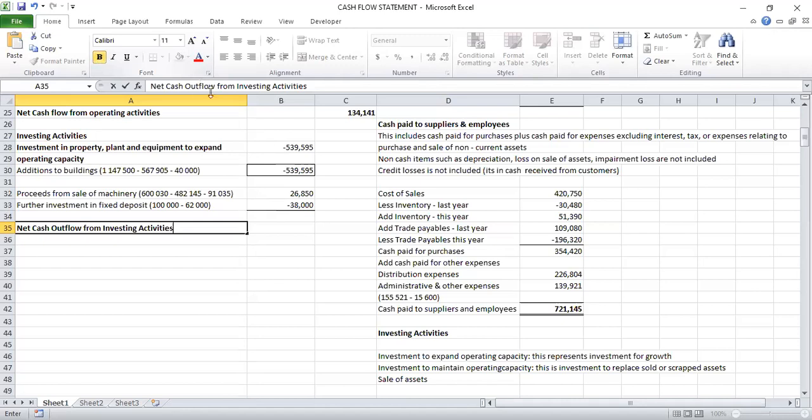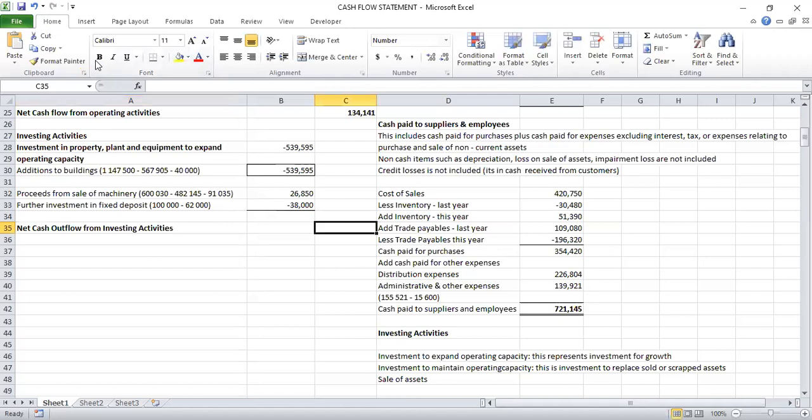Right. We add up this one plus this one plus this one. So it's a net cash outflow because it's negative.